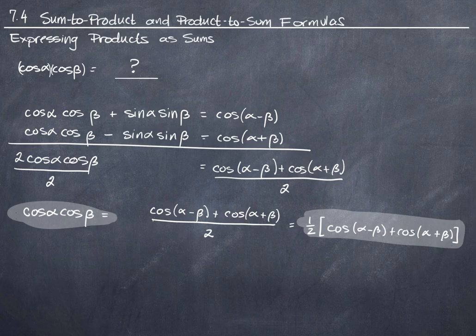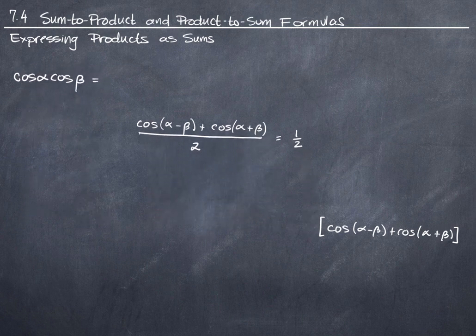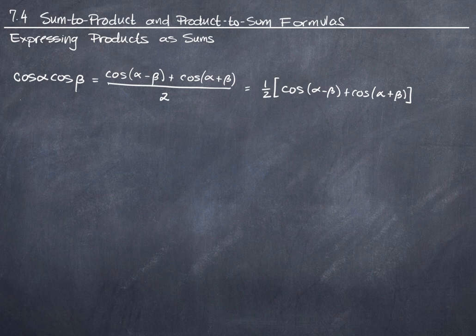There is also a formula for the sine of alpha times the sine of beta, but we're going to talk about how that one is built in class. It uses similar algebra. So let's move this one up here. I'm going to have a couple to add to our list. This is our product of cosines formula, our product of sines formula. Oops. Sine alpha sine beta is equal to 1/2.